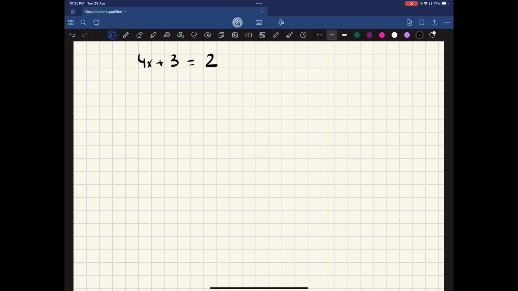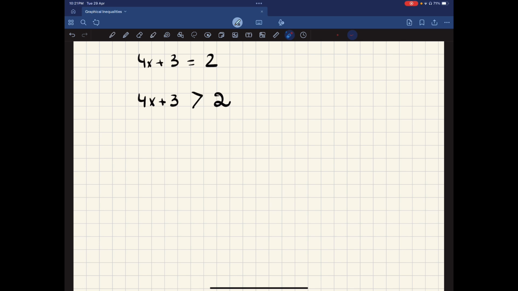For example, 4x plus 3 is greater than 2. So an inequality looks like an equation. However, the equal sign is replaced by one of the inequality signs. It can be any one of these. And the rules for solving inequalities are the same as the rules used for solving equations. Exactly the same. What you do on one side is what you have to do on the other side as well.